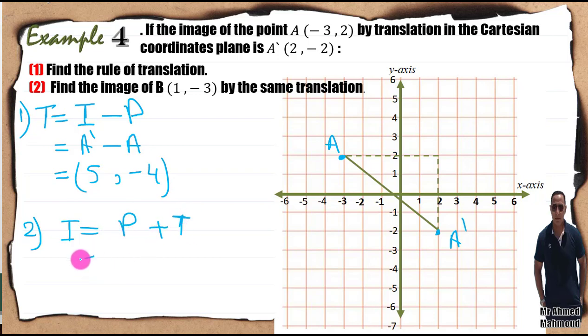So B dash equals B plus the translation. B is 1 and negative 3, the translation is 5 and negative 4. 1 plus 5 equals 6, negative 3 plus negative 4 equals negative 7, so B dash equals 6 and negative 7.